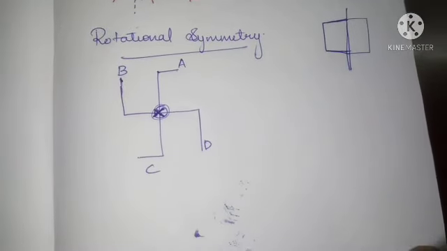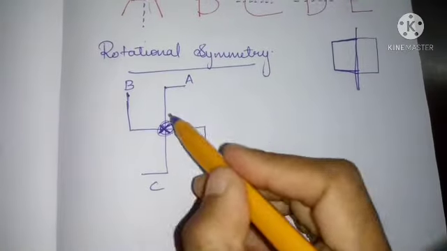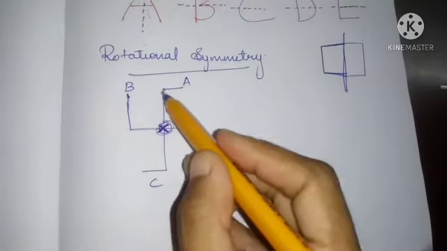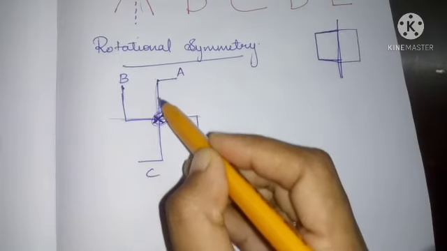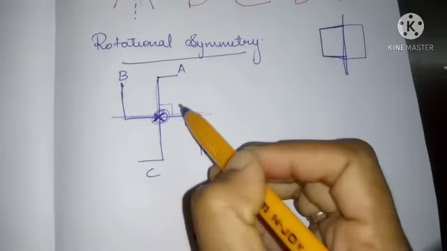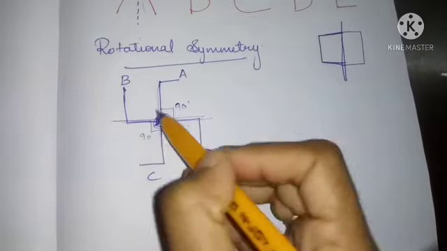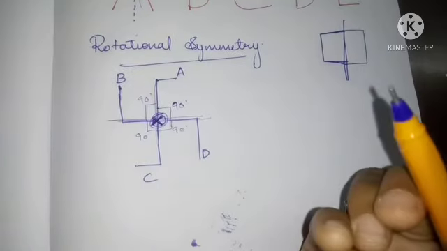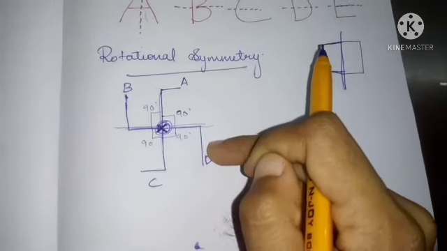Then the angle of rotation is there. See, I am going to rotate this figure 90 degrees, because this figure is divided into 4 quadrants, 4 equal parts. So each angle is 90 degrees. So I am going to rotate this figure at a 90 degree angle. So the angle of rotation for this figure is 90 degrees.